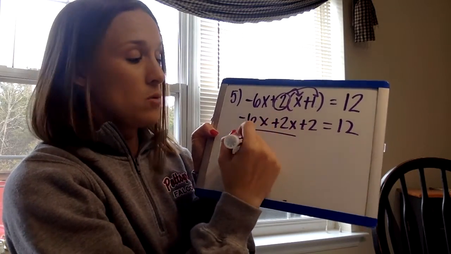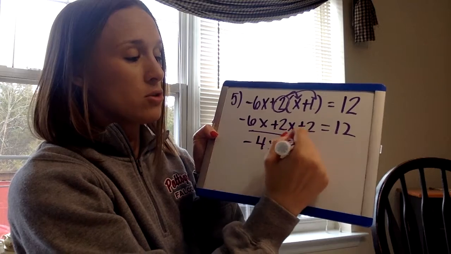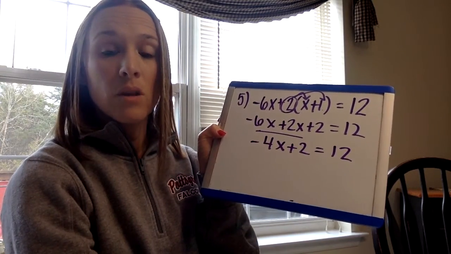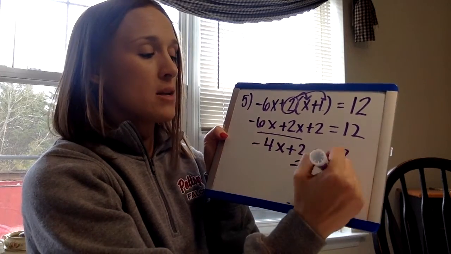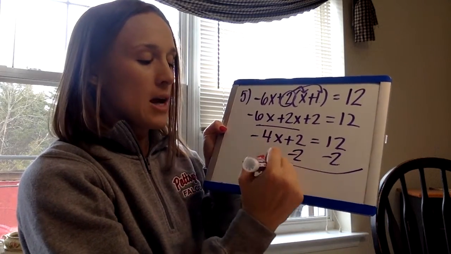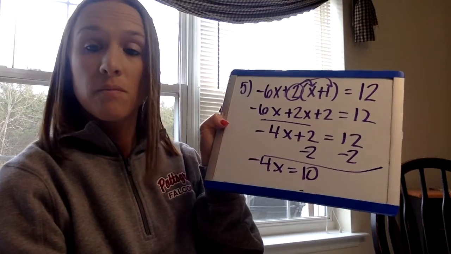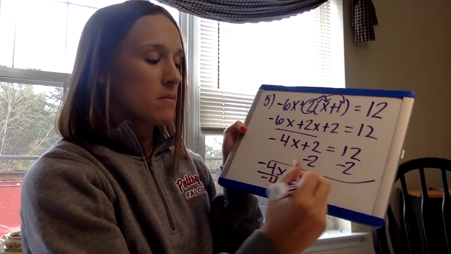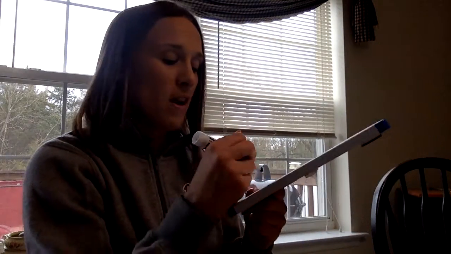Negative 6x plus 2x is negative 4x plus 2 equals 12. Minus 2, minus 2. Negative 4x equals 10. Divide by negative 4. You're going to do 10 divided by negative 4. That's negative 2.5.